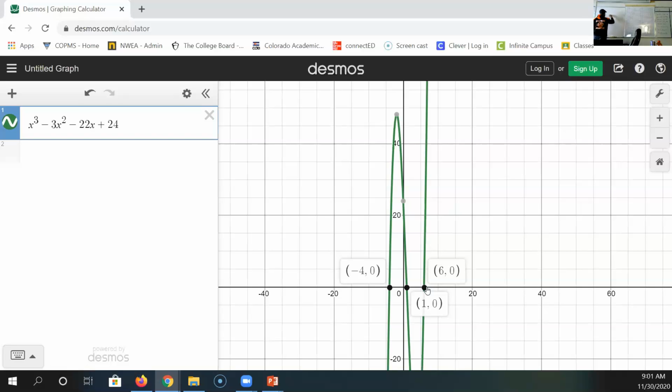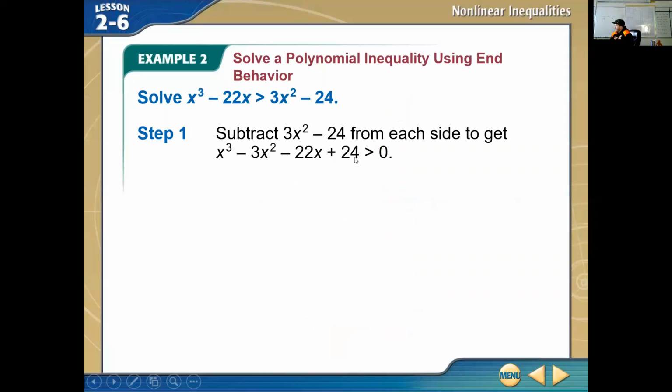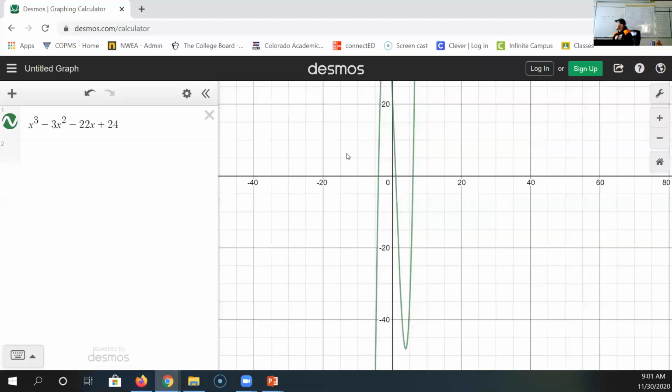And I'm going to analyze my graph to determine what exactly is going on. So left-end behavior here, you can see that it's negative. But the question as it was written, I want to figure out where I'm greater than the x-axis. So where is that graph positive? Since it's negative from -4 to negative infinity, that is not going to be a solution.